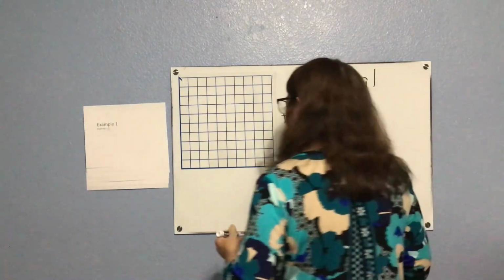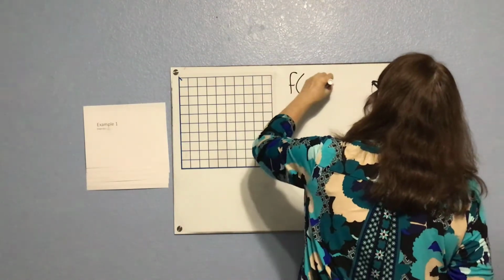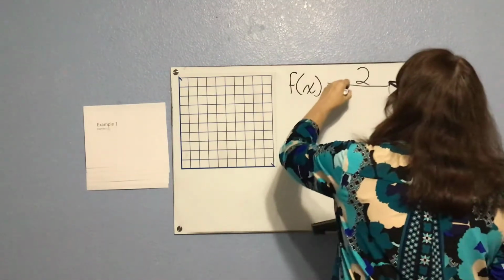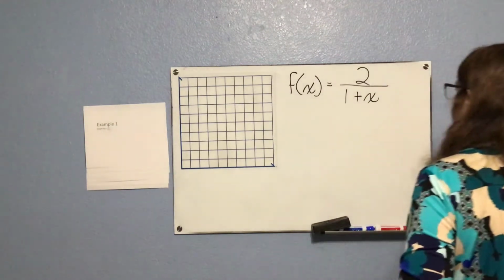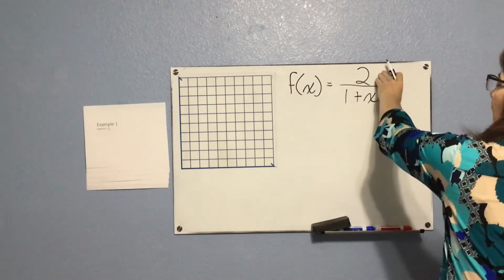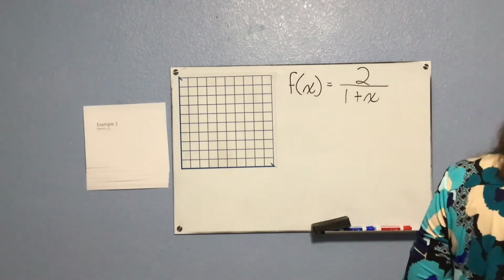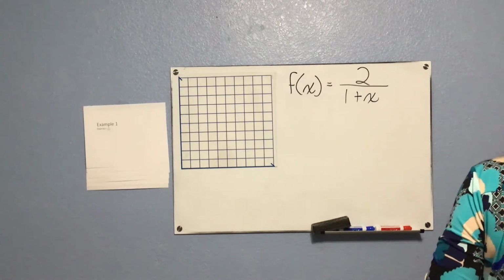So let's look at f of x is equal to 2 over 1 plus x. Obviously this is a linear function, and this is a constant, but we still consider this a linear rational function.